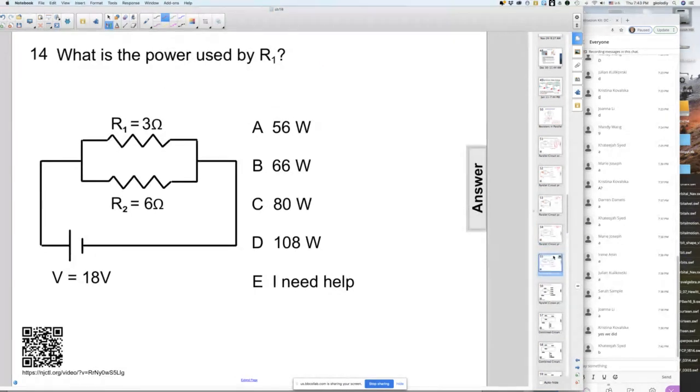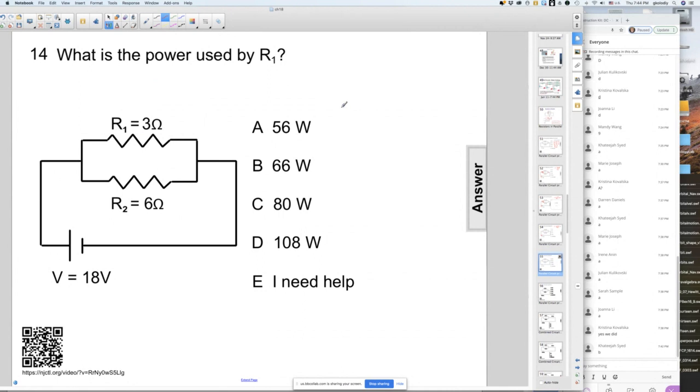How about the power? Well, again, you can use one of the equations, a number of them. We know the currents through each of these. We know the voltage across each of these. We know the resistance. You can use any of those equations that you want.